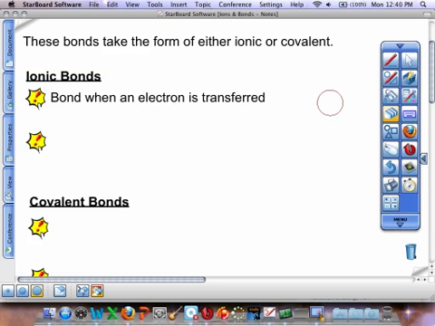That outer electron of sodium was given to chlorine, it was just given away. That's a transfer of that electron from the outer orbital of sodium to the outer orbital of chlorine. It's literally giving it away, it's being transferred. And those types of bonds typically take place between metals and nonmetals. That's the easiest way to identify an ionic bond versus a covalent bond.